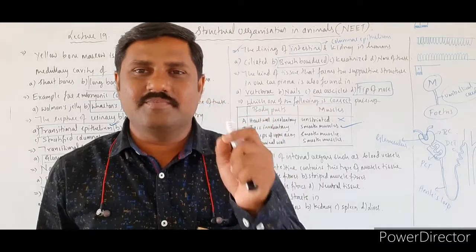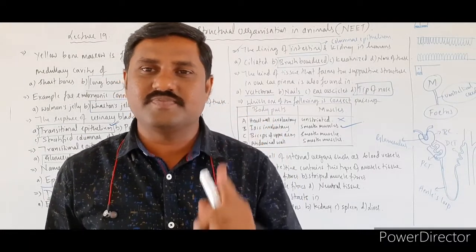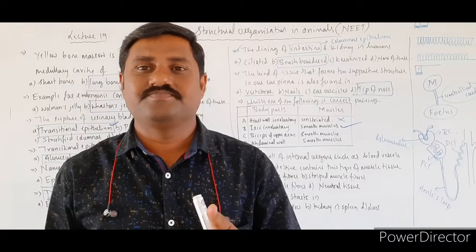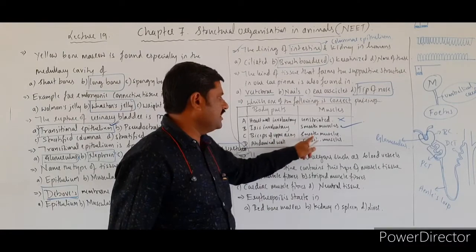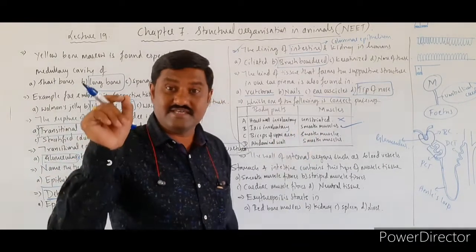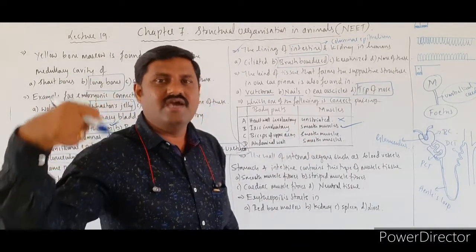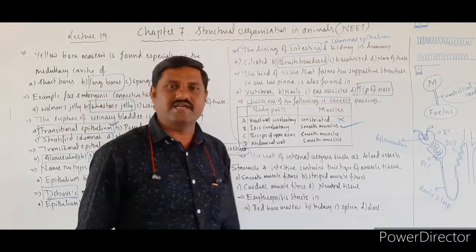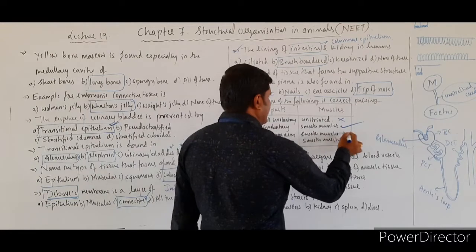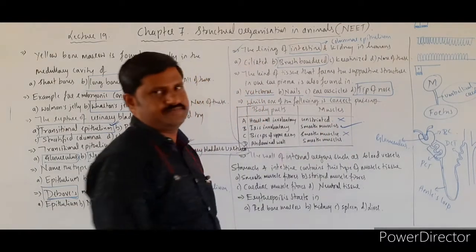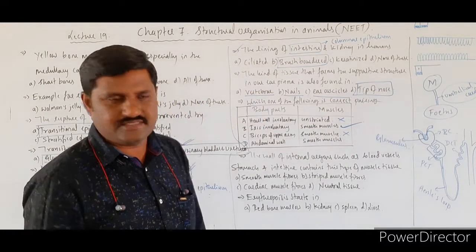And these are made up of smooth muscles, especially there. But here, biceps of upper arm, they are not smooth muscles, they are skeletal muscles attached to the bone. That's why these are not smooth muscles. Then the answer is wrong. This is not the answer.